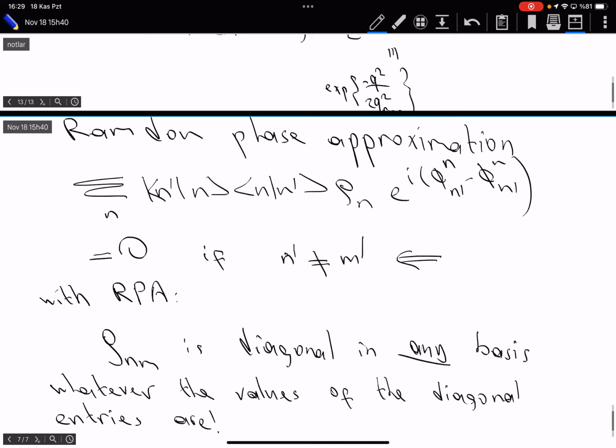So whichever basis you use, the density matrix becomes diagonal, basically.